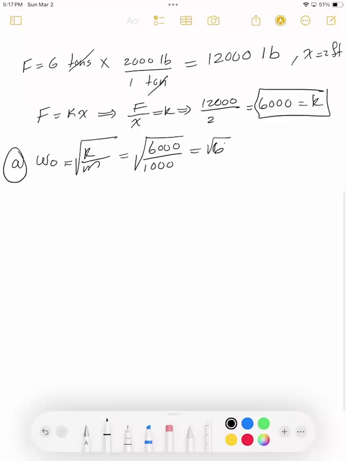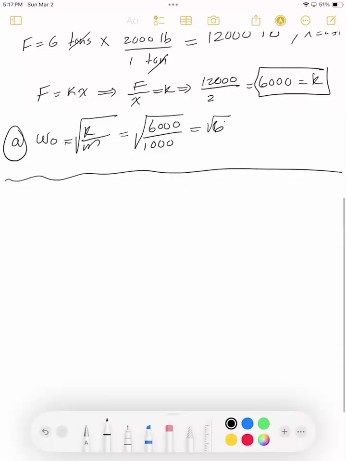To answer part B, let's write down our equation for this motion. We know that there is no damping, so C is equal to 0. We have the formula that says mx double prime plus cx prime plus kx is equal to some external force. But C is equal to 0, there's no damping, so this is what we have.